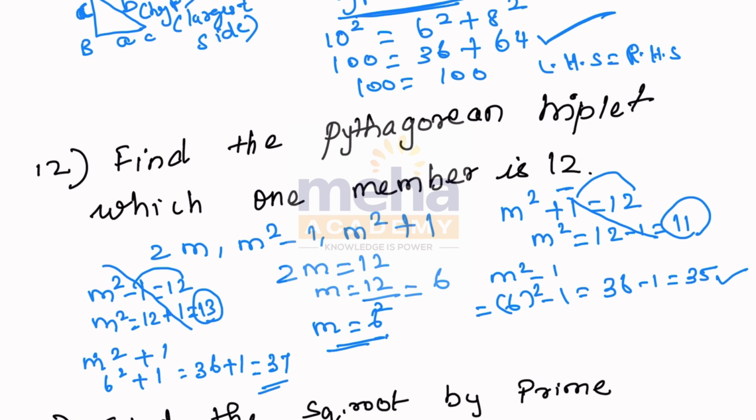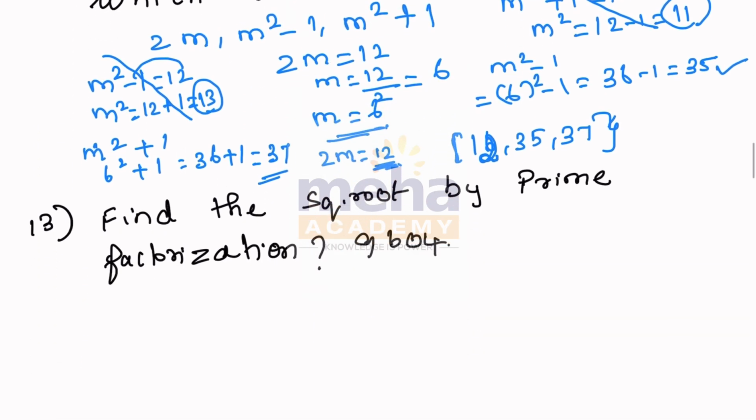So the triplet is given by 12, 35 and 37, because 2m is equal to 12. 12, 35 and 37. Next question.